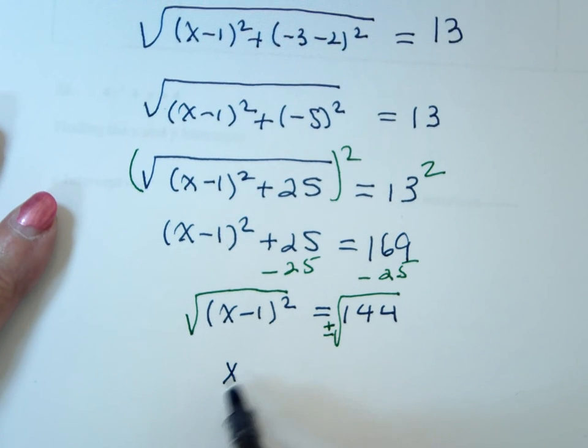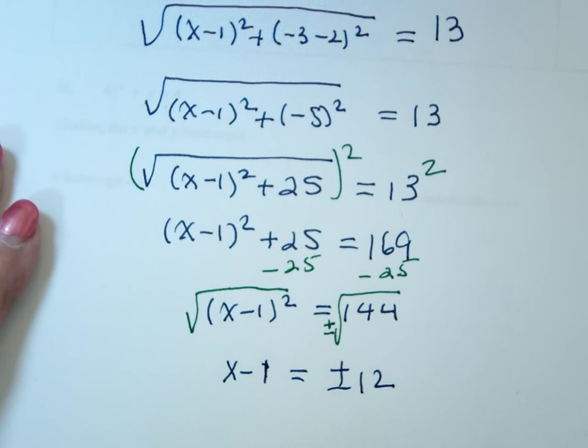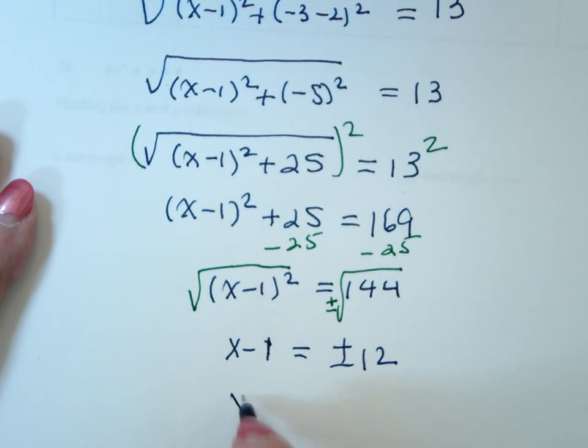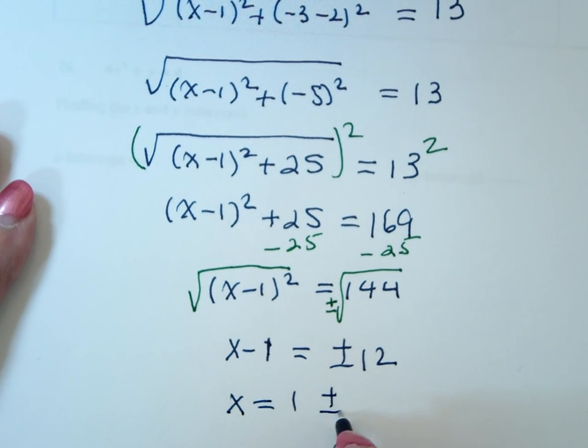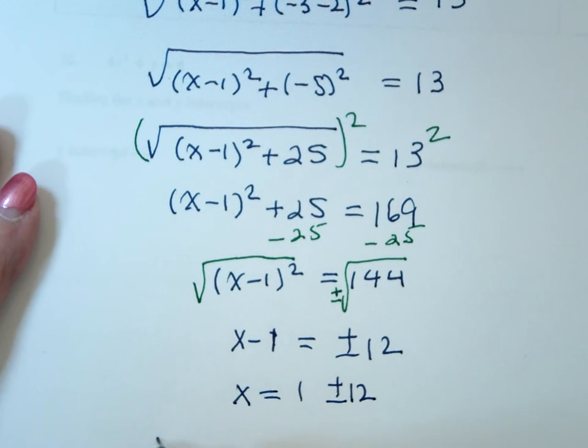So that x minus 1 is plus or minus 12. Or x is 1 plus or minus 12. We have that x is 1 plus 12. x is 1 minus 12.